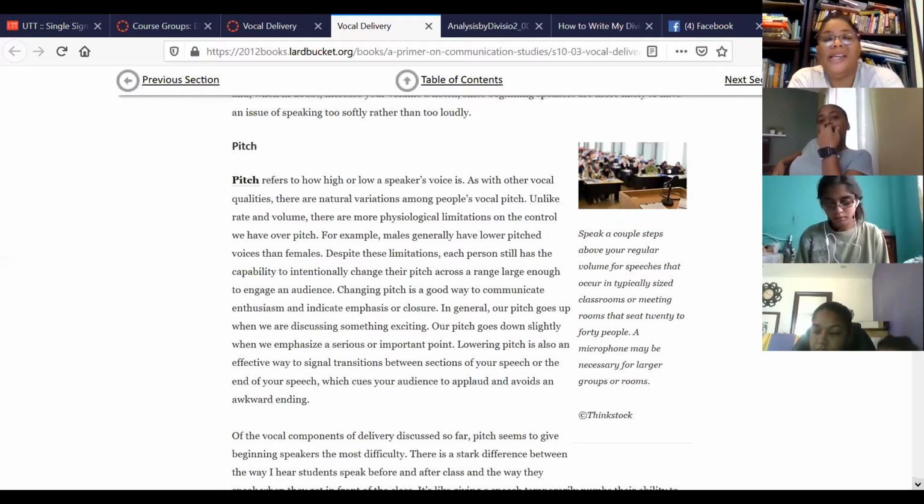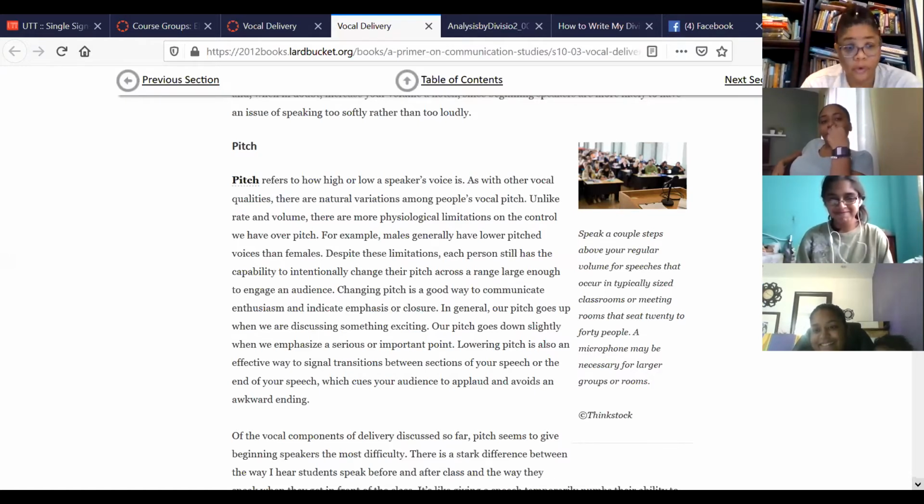Pitch is partly natural and partly something you can play with. It is how high or how low in terms of frequency, right? So, you know, some people have a high-pitched voice. They speak like that all the time. And some people have a low-pitched voice. They go very low down in their chest and very, very low.